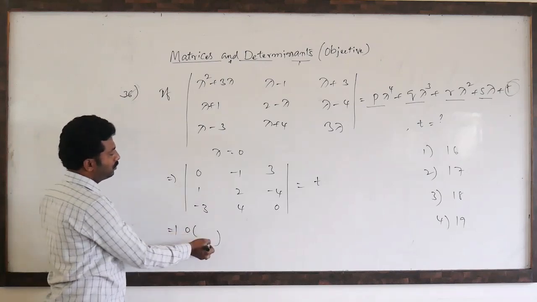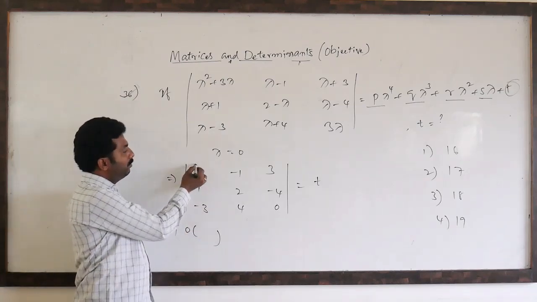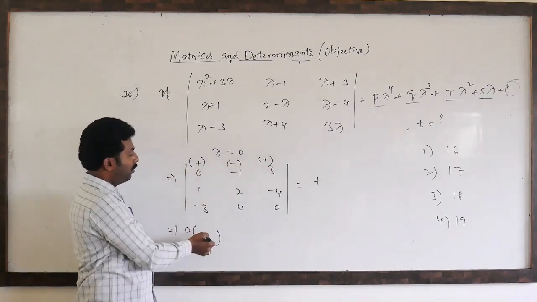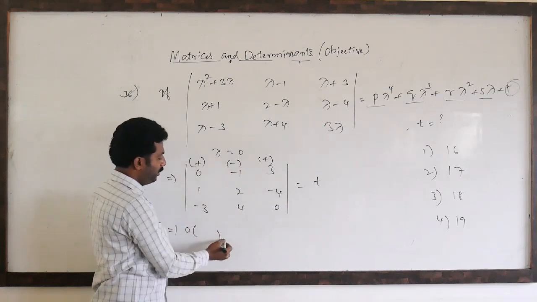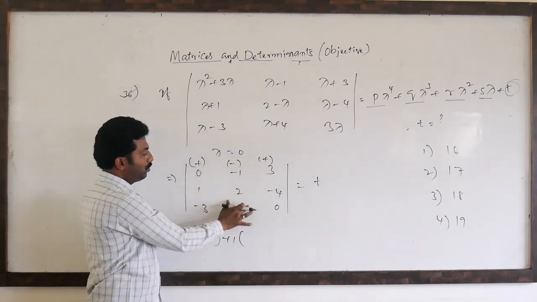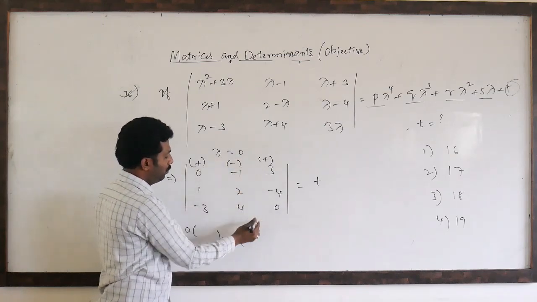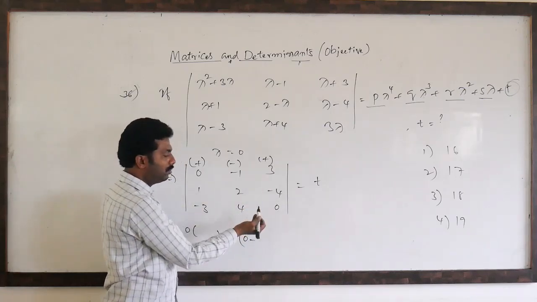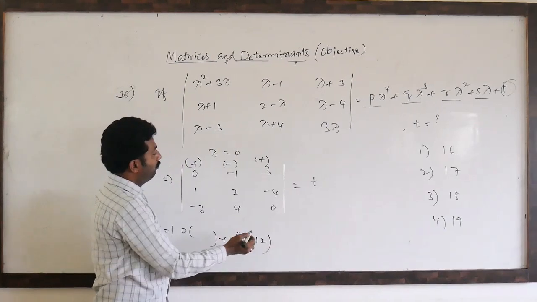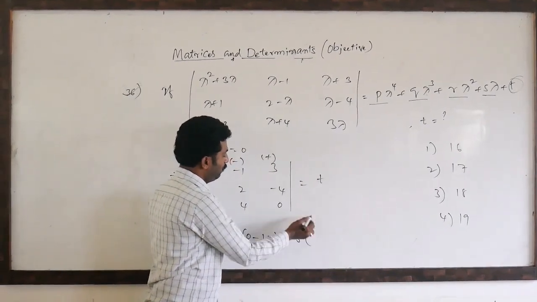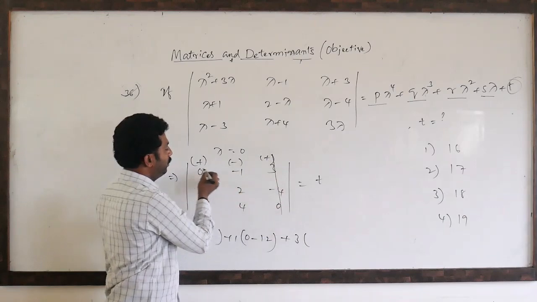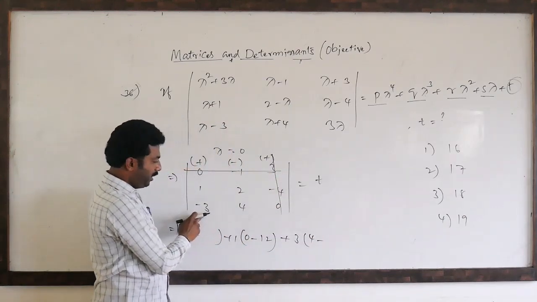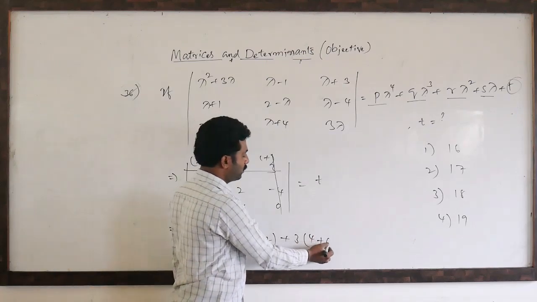So 0 into something is 0. How to expand, see? Plus, minus, plus. So 0 into something means 0, minus of minus, plus 1. If you close this column and this row, 0. Minus 3 into minus 4, 12. Plus 3 into, if you close this column and this row, this is 4, minus 3 into 2, minus 6.